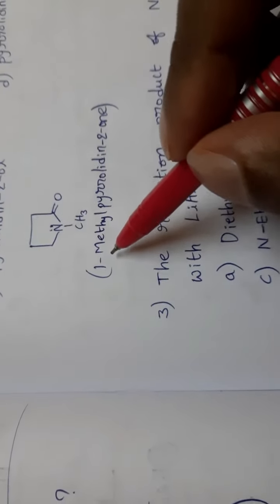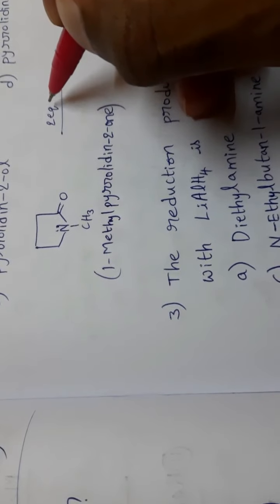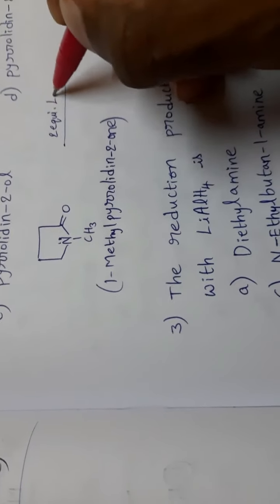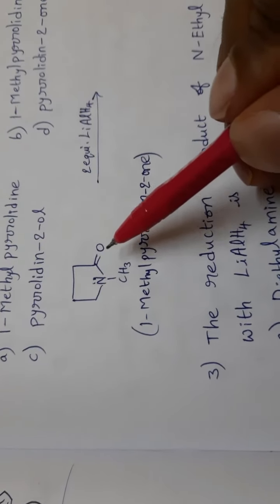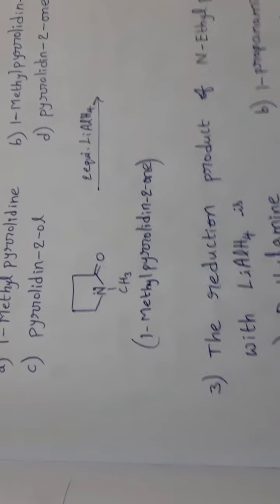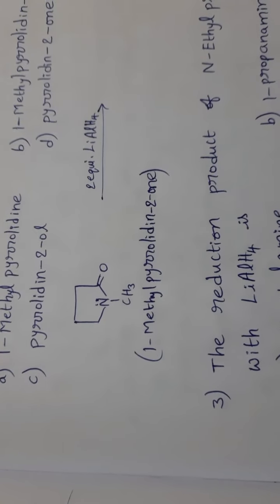That's why its name is 1-methyl pyrrolidine 2-one, treated with 2 equivalents of LiAlH4. Say this, when a compound containing keto group is treated with 1 equivalent of LiAlH4, then alcohol is formed.